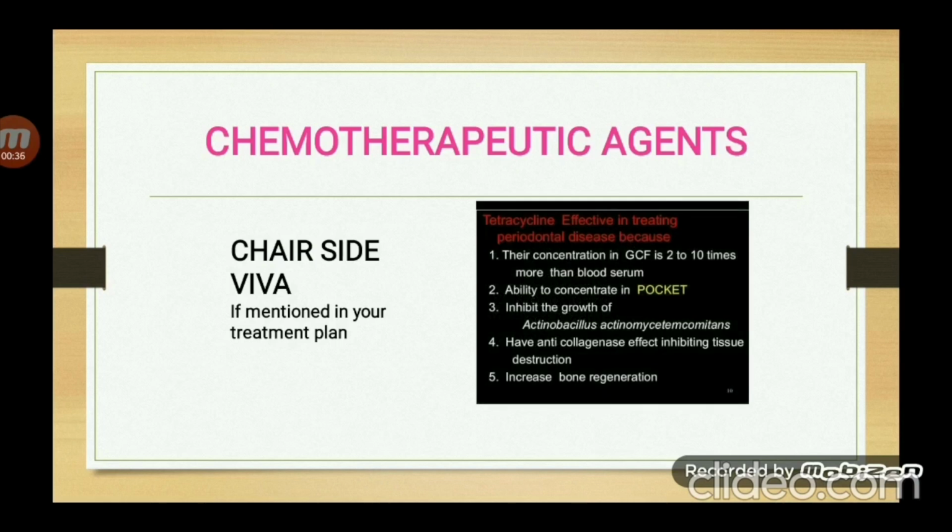In tetracycline, the important things which you should know is what exactly it does, how it controls the periodontal disease, its concentration in blood serum versus GCF, against which microorganisms it is working, and the important point which we probably miss out is that it increases the bone regeneration process.